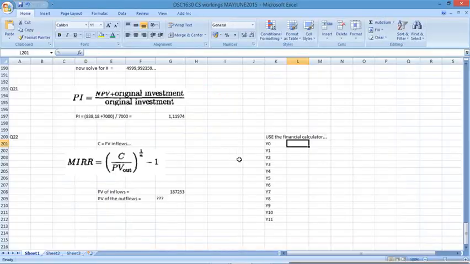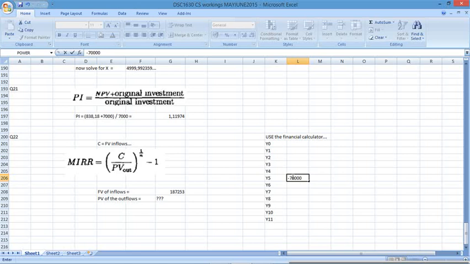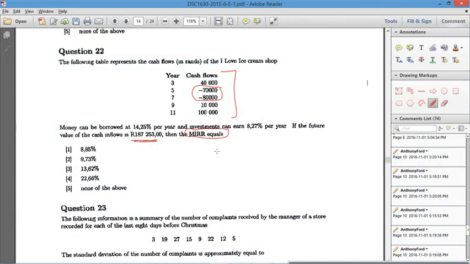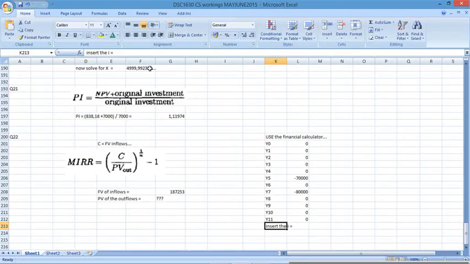Okay, so minus 70 and minus 80. Okay, insert the I. What was the I here? This was 14.25. And solve for your net present value.